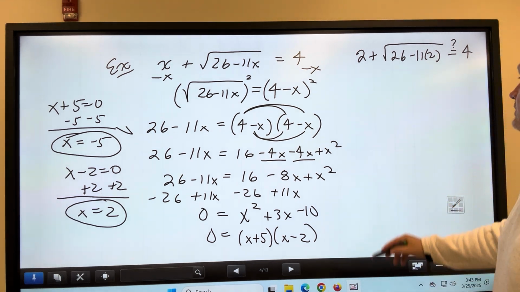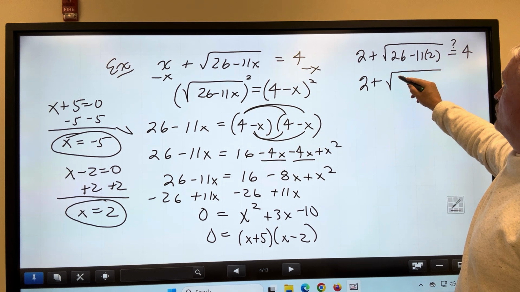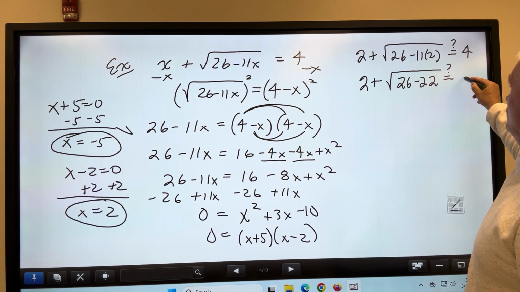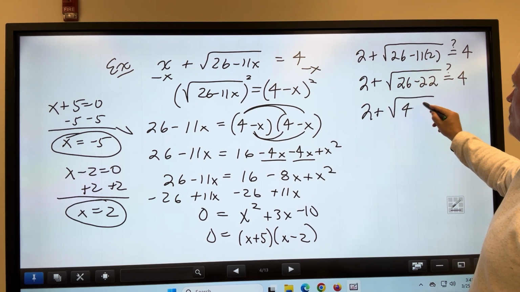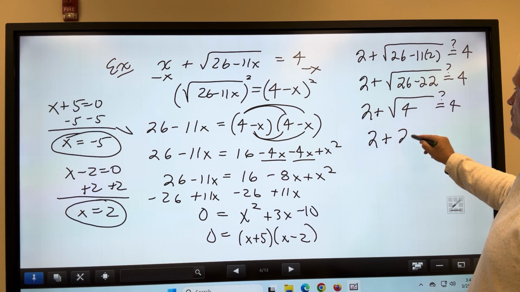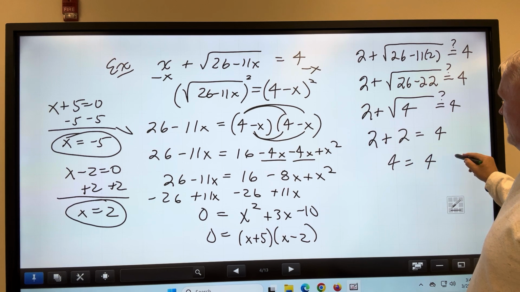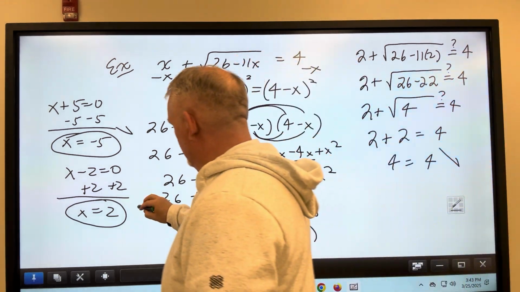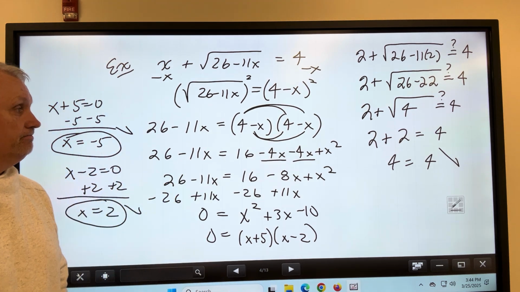Well, let's work it out. 2 plus the square root of 26 minus 22, does that equal 4? 2 plus the square root of 4 equals 4. Does it? 2 plus 2 equals 4. 4 equals 4. And that works. So I have 2 solutions, which is okay. You can have 2 solutions. Great.